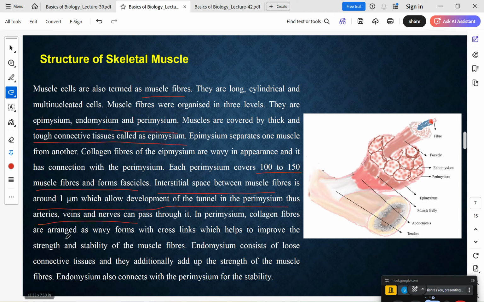The collagen fibers are arranged in wavy forms with crosslinks that help improve strength and stability of the muscle fibers. Endomysium consists of loose connective tissues, and they additionally add to the strength of the muscle fibers. The endomysium also connects to the perimysium for stability.